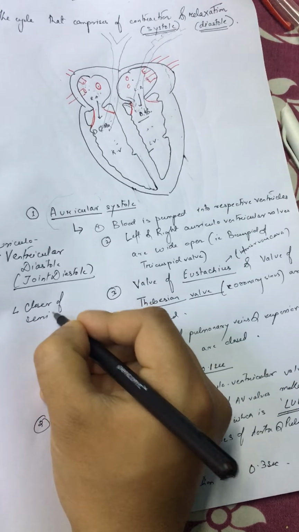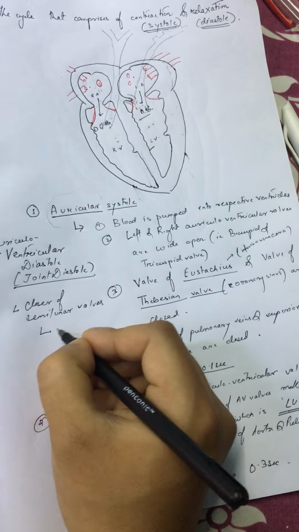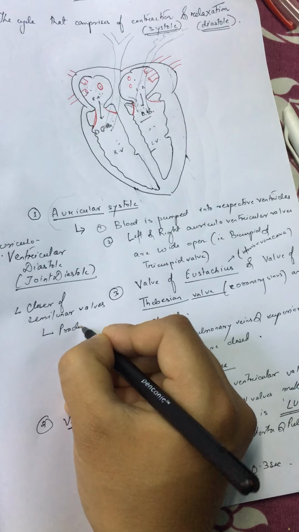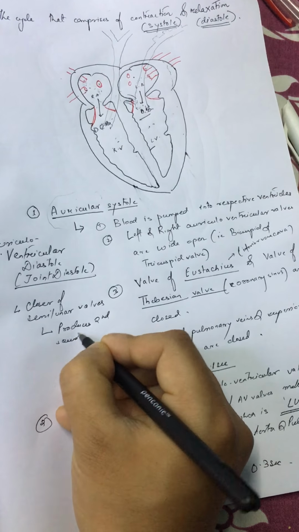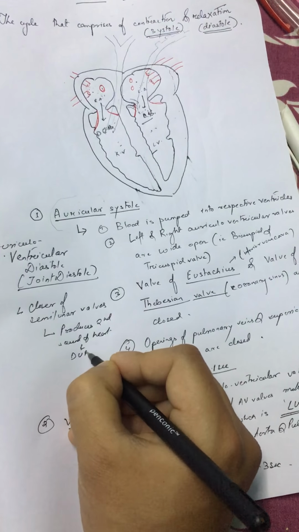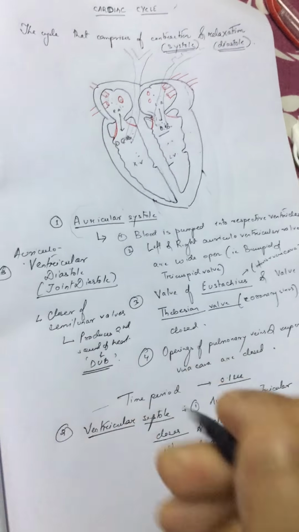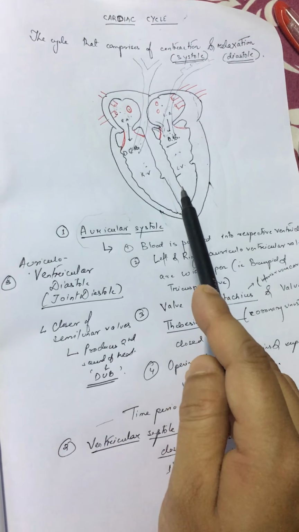semilunar valves, and this closure of semilunar valves produces the second sound of the heart, which is called dub. So dub is the second sound of the heart, produced as a result of the closure of semilunar valves, right?